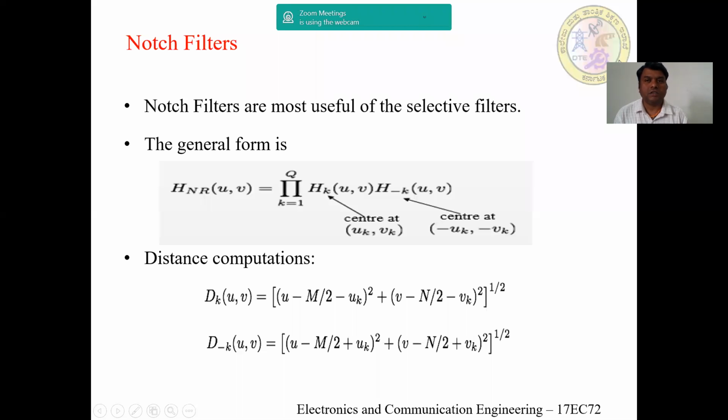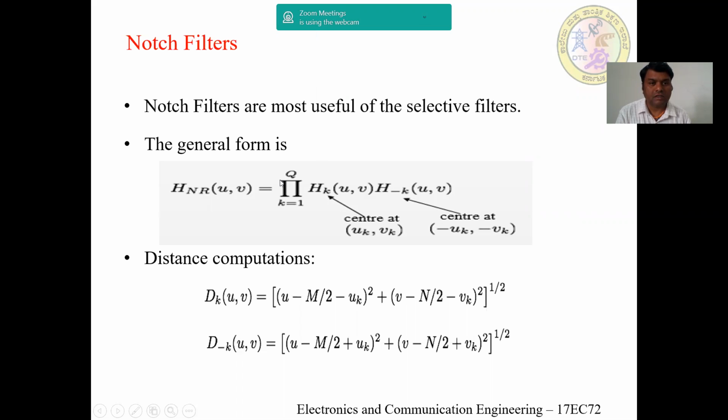Notch filters. Notch filters are the most useful of the selective filters. A notch filter rejects or passes frequencies in a predefined neighborhood about the center of the frequency rectangle.